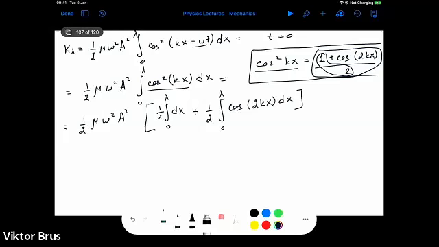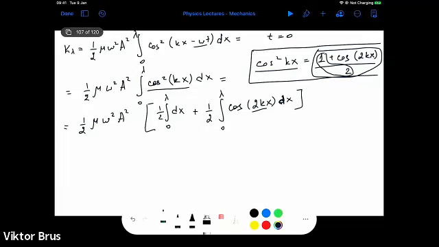So we can proceed with the first integral, but in order to take the second integral, we need to multiply and divide by 2k in order to have under the sign of differential, instead of x, k, like 2kx. Then we have the same independent variable 2kx and d2kx.